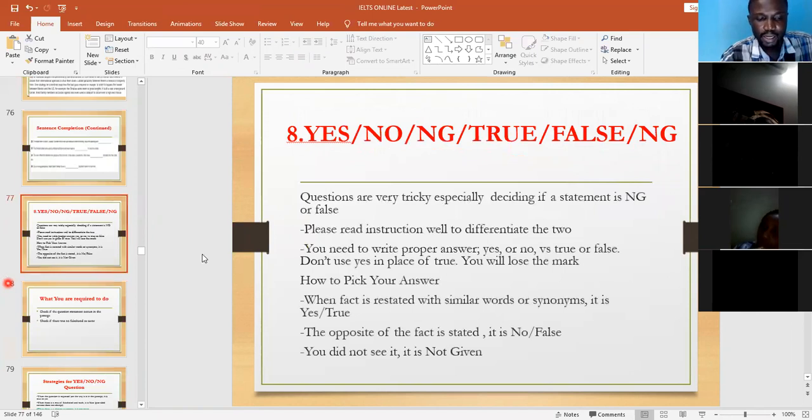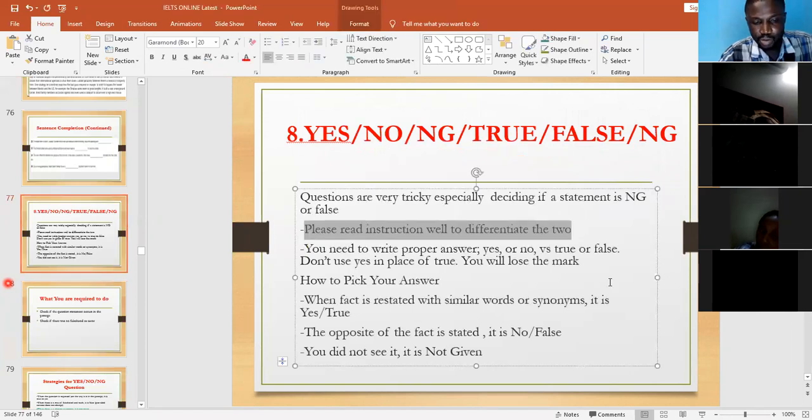The first thing I am giving you here is more like an instruction. I say, please read the instruction well to differentiate between the two. I mean, whether the instruction is telling you yes, no, not given, or true, false, not given.